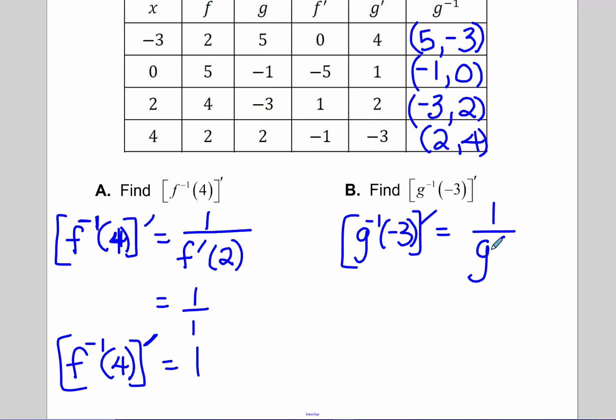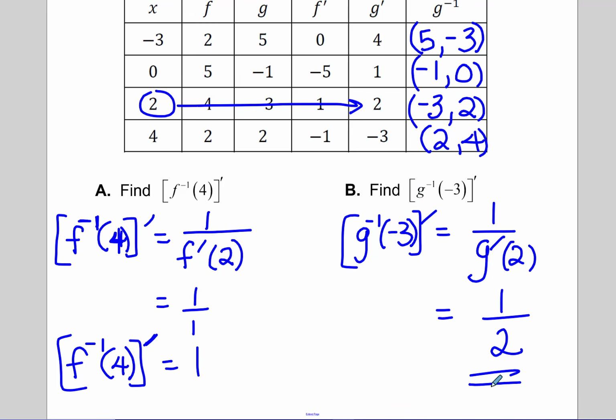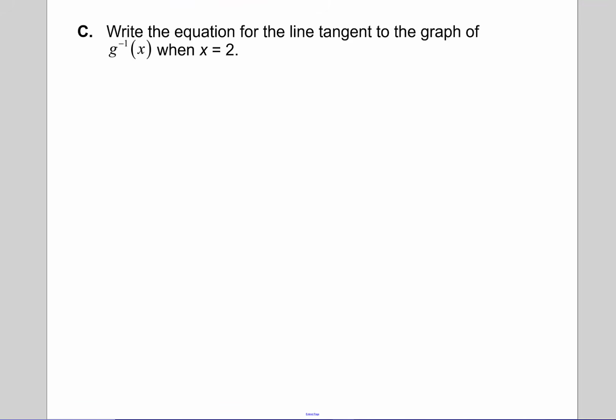So the G prime at 2. And here's 2. The G prime at 2 is 2. So the slope on the inverse of G at -3 is 1/2, because the slope at 2 on the G graph is 2. The slopes are reciprocals.